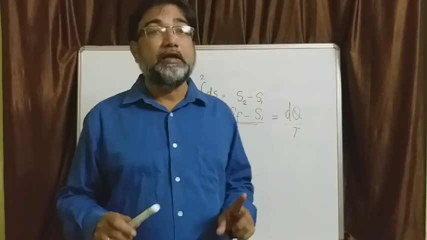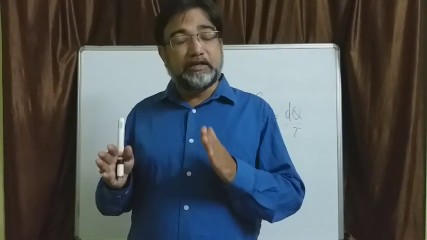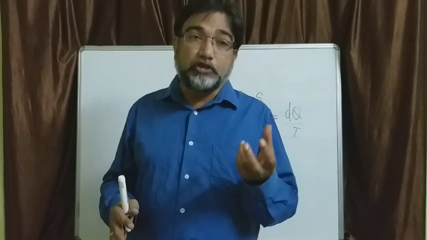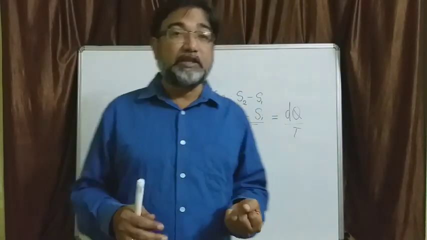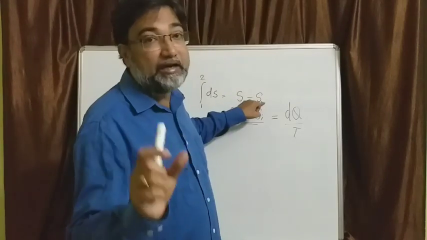Interestingly, for entropy, till now the scientists have not been able to find out the absolute value of entropy. That means you can never get the value of S2 and S1 and take the difference.